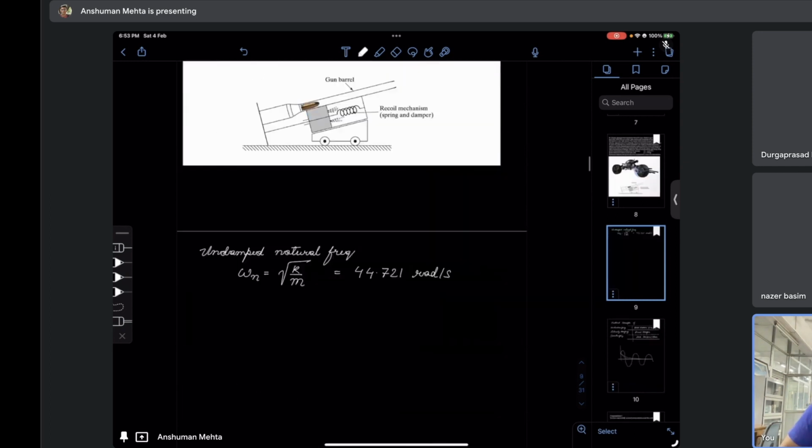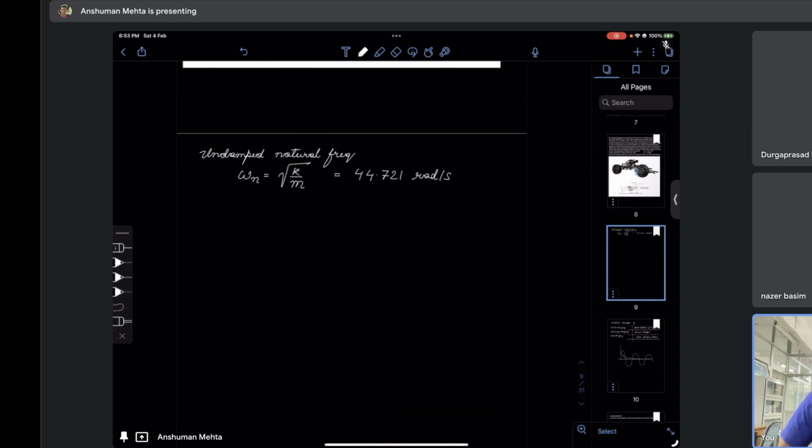Okay, so given our mass is equal to 50 kg and k is equal to 1000 Newton per meter, the critically damped system C can be found out as 2m omega n, which is equal to 44.721, sorry, which is equal to 447.21 Newton second per meter.